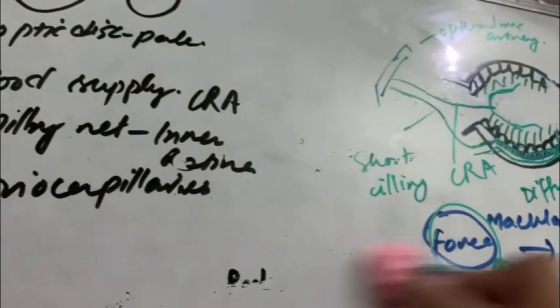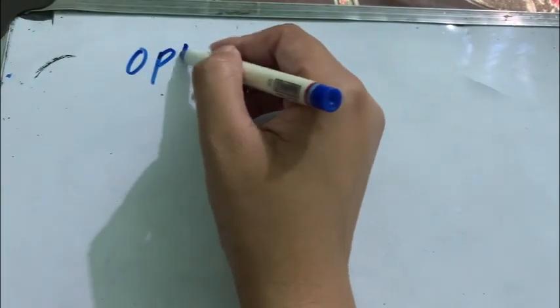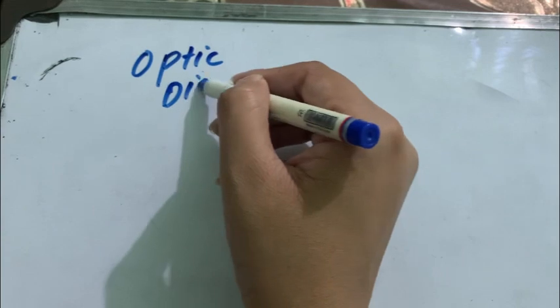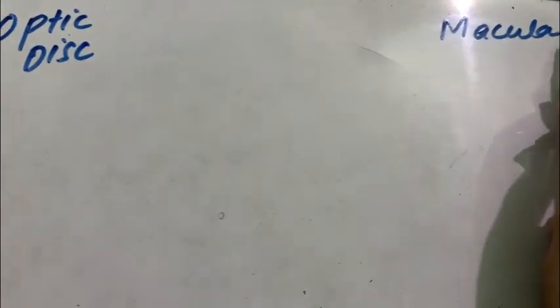So here we will make a short review about the difference between the optic disc and macula lutea. Optic disc, and here we go, macula.